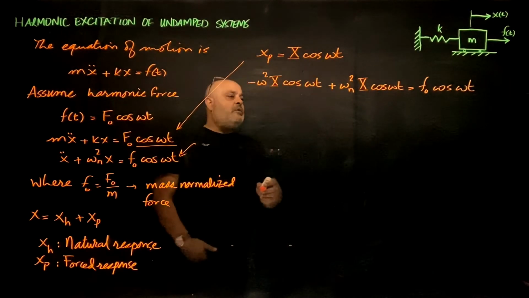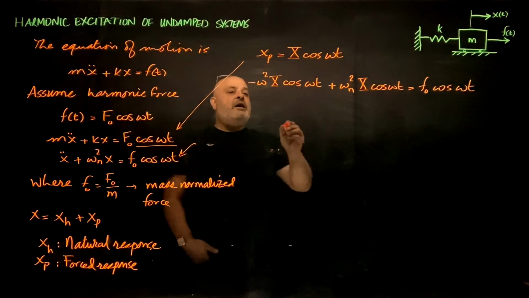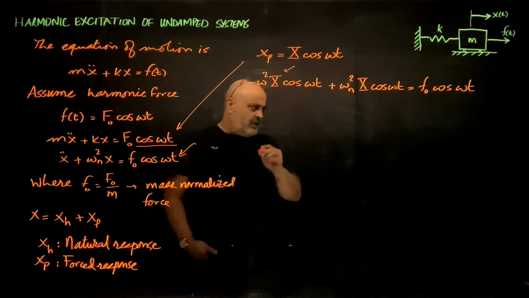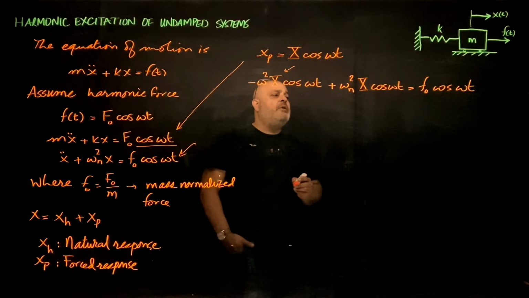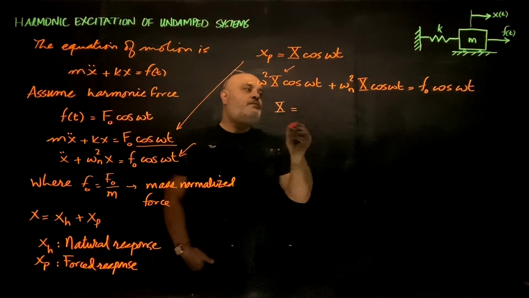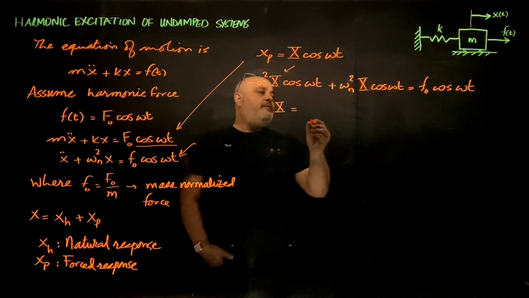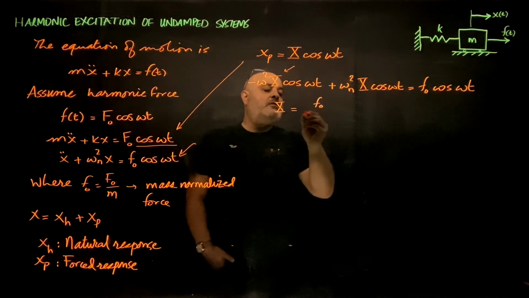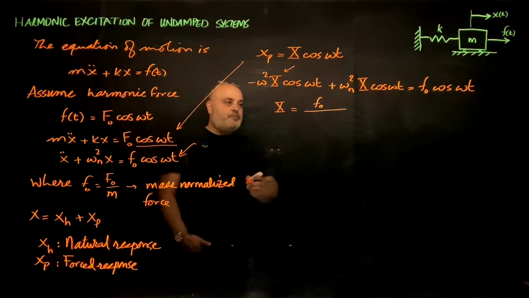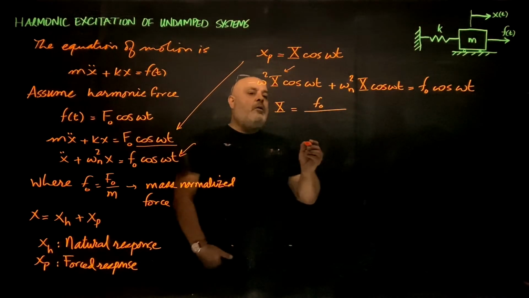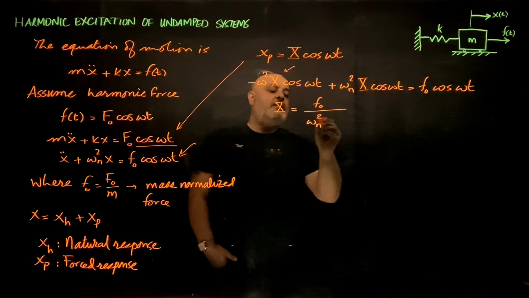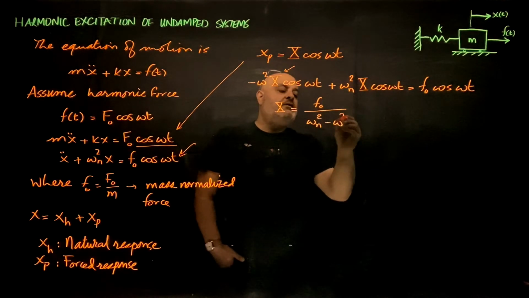And now from this equation I can solve for X. I can cross out the factor of the cosine omega t term, and solving for X, I will get X equal f0 divided by omega n squared minus omega squared.